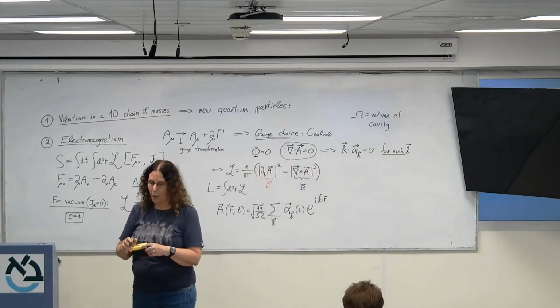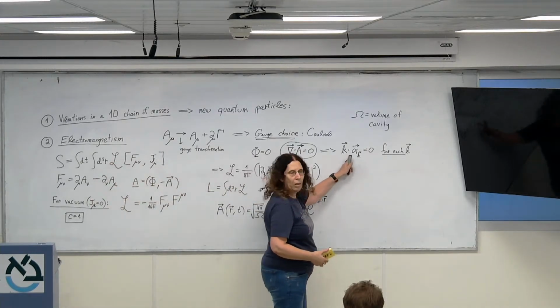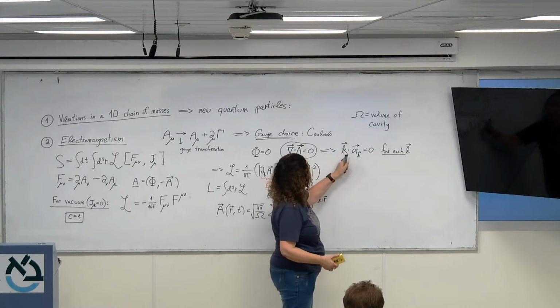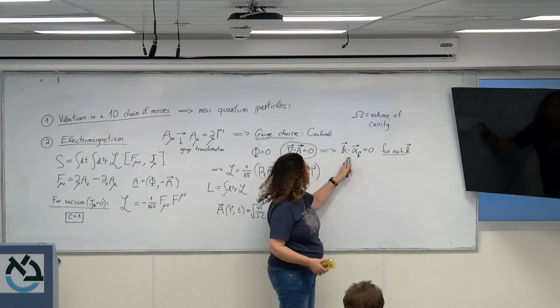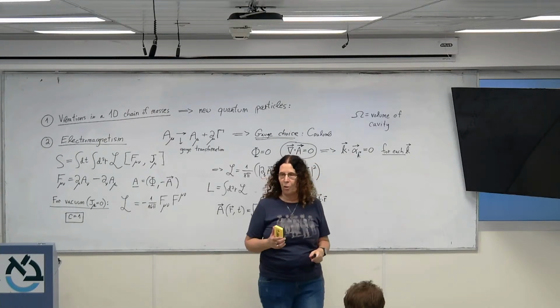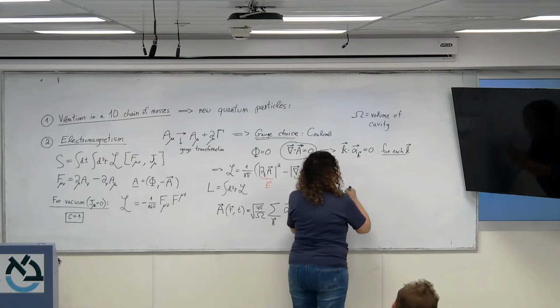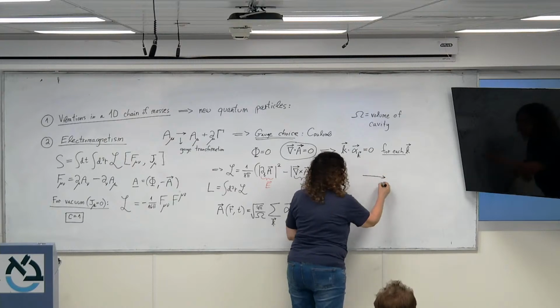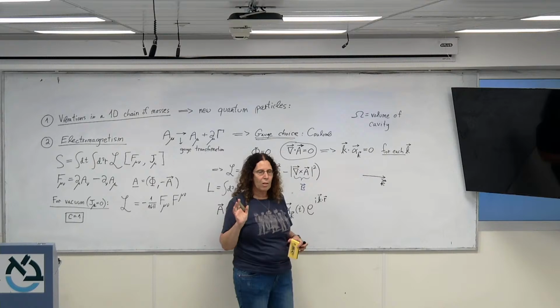So for each k, what does this mean? That the scalar product of alpha and k has to be 0, namely that alpha has to be orthogonal to the direction of k. So I give you a k, some direction of k. It can be any direction in 3 dimensions.